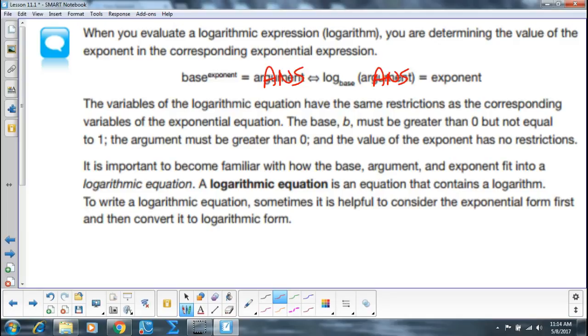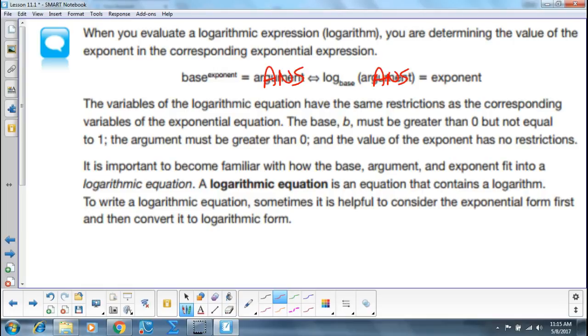Okay? The reason that we're saying that is in chapter 11, which we're starting today, we are going to be solving logarithmic and exponential equations. And you solve logarithmic equations by putting it into exponential form. You solve exponential equations by putting it into logarithmic form.